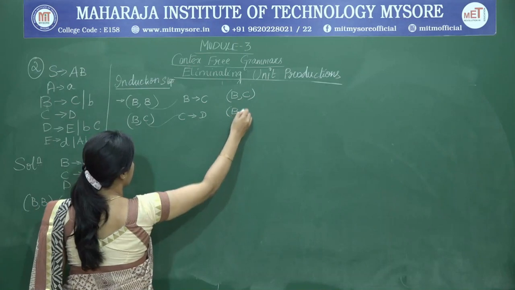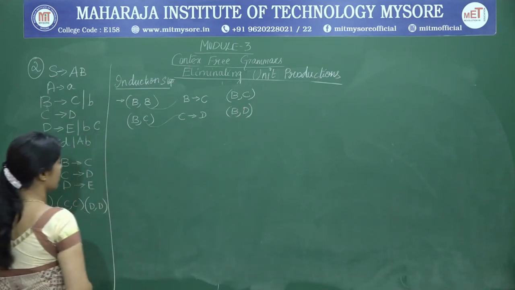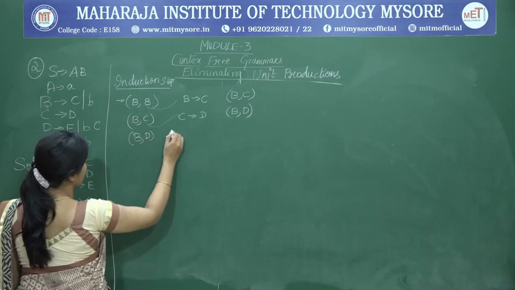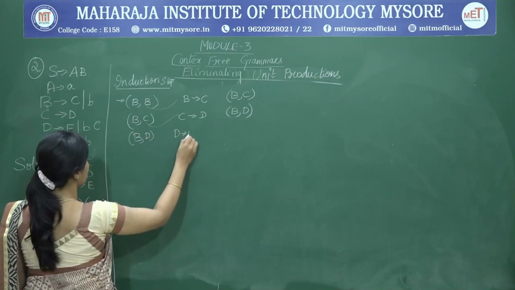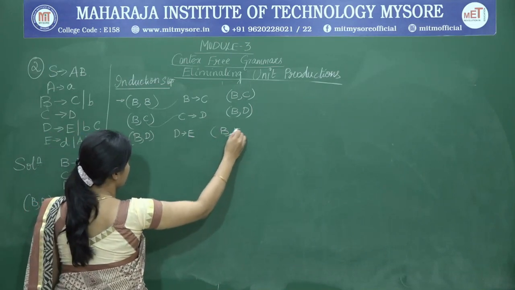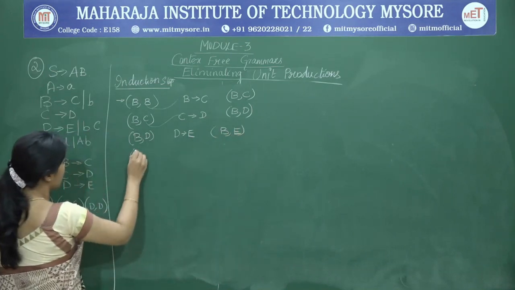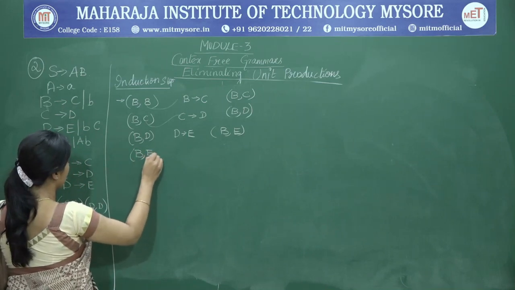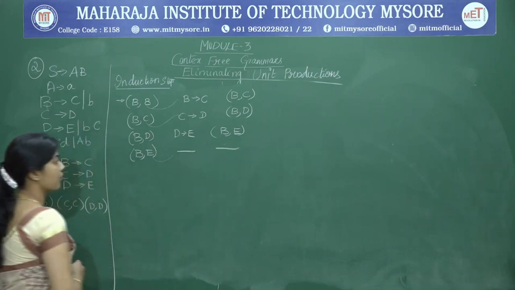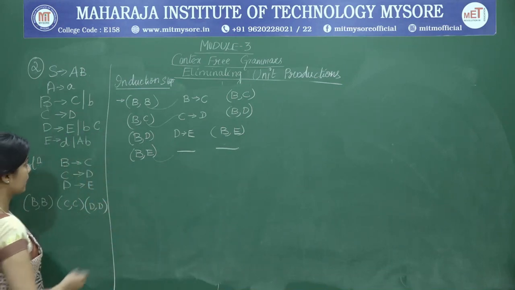Therefore, B comma D is a unit pair. Consider B comma D. Do we have D goes to E? Therefore, B comma E is a unit pair. Consider B comma E. E has no unit productions, so we will stop.